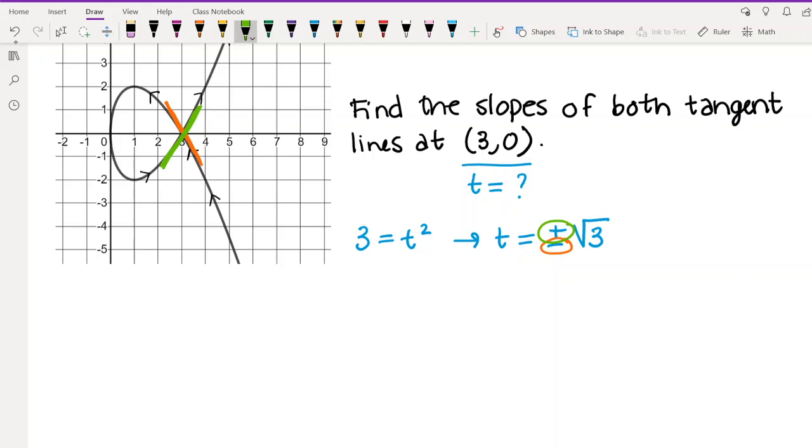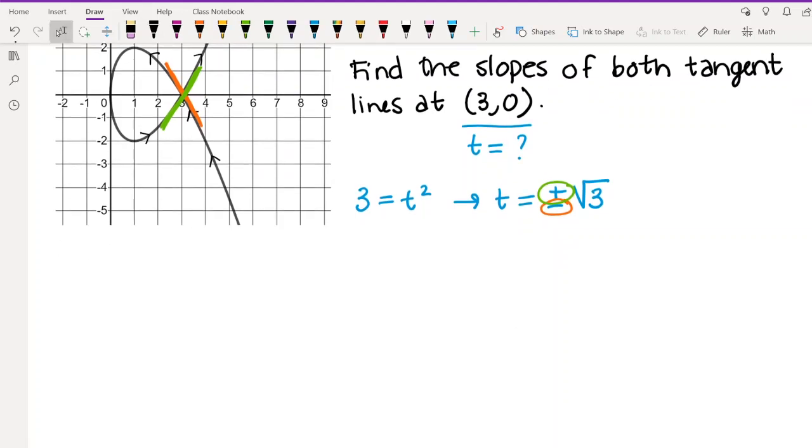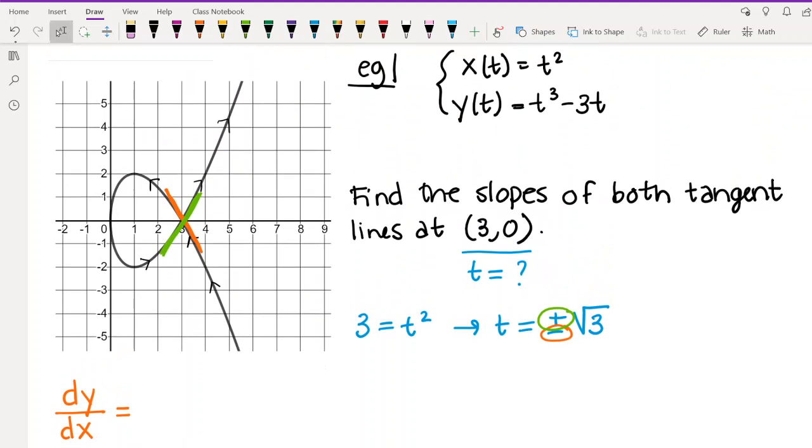But you don't even really need to know that. We can just see what we get for both of them, and then that will tell us which one is which. So for the first one, let's start with the negative square root of 3. For that one, we'd have dy dx is equal to, so we want to find our dy dt and our dx dt, right? So dy dt in this case is going to be 3t squared minus 3. So our numerator is going to be 3t squared minus 3.